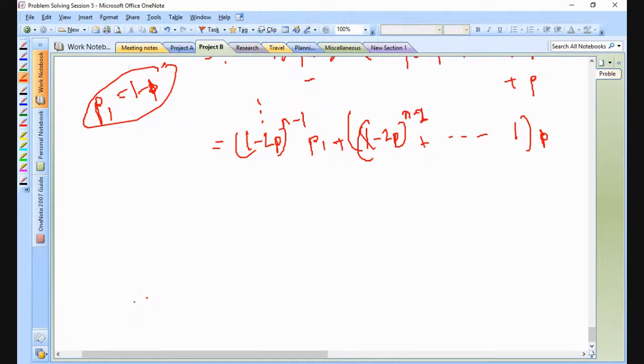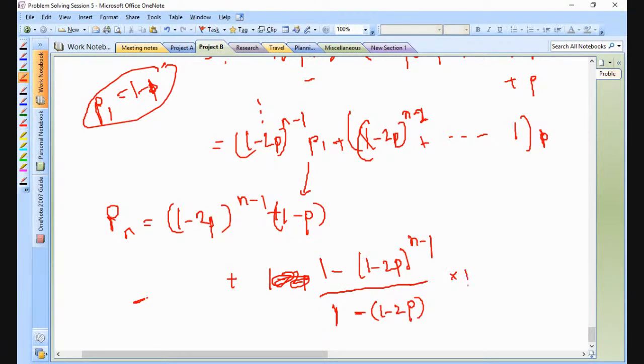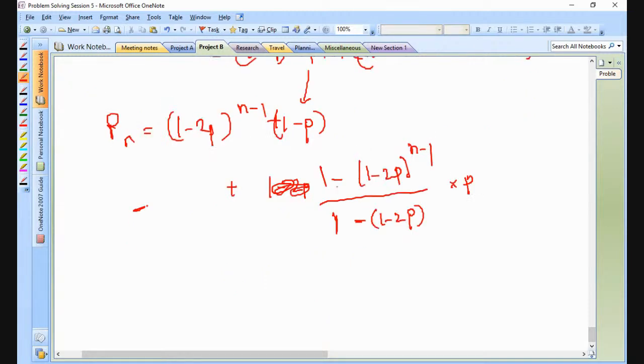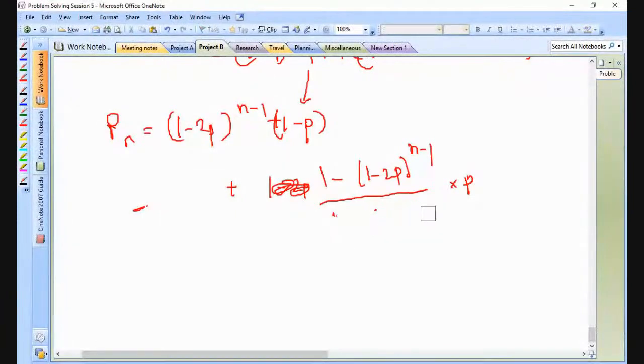So you get that Pn is equal to 1 minus 2P whole to the power n minus 1 into P1, that is 1 minus P, plus this sum into P, which turns out to be 1 minus 1 minus 2P whole to the power n minus 1 by 1 minus 1 minus 2P, into P. This turns out to be 2P, so P and P get cancelled.